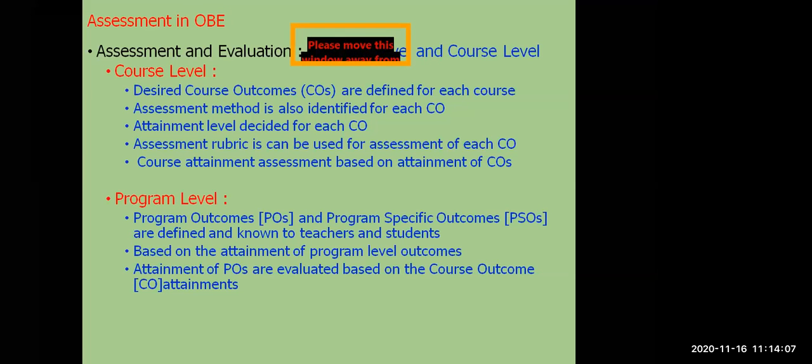I have to identify. So when I write that CO, I will say that, okay, in the class itself, I will tell him to write a program. The student knows that he will have to write a program sitting on the system. And if I can evaluate it, well and good. If he has written that program, that means that course outcome CO has been achieved, that has been attained. Attainment level is decided for each CO. Let's say you want to give him a complicated problem for writing a program. Then you divide it into parts, right? If he does this much, I give him this.